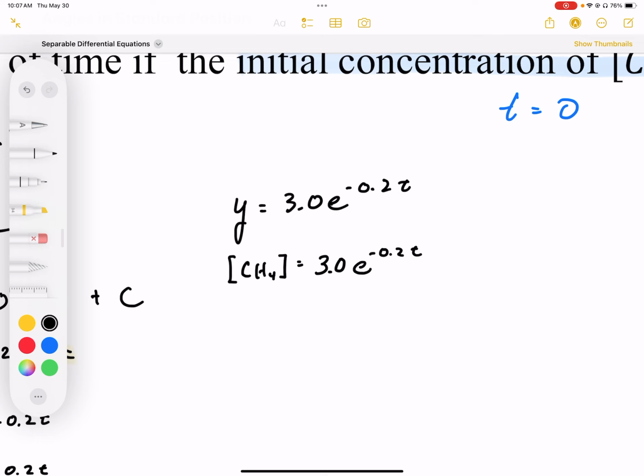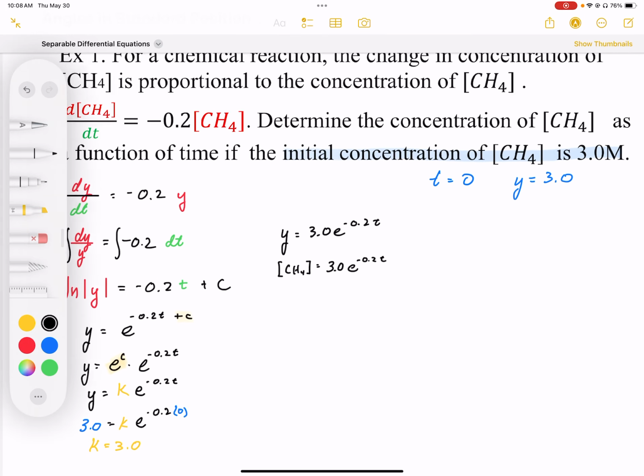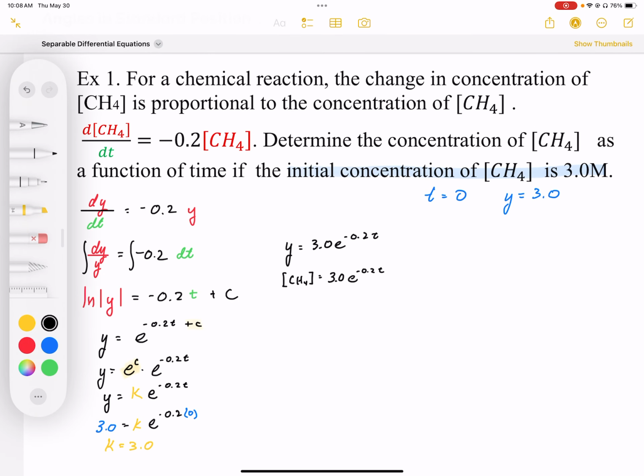And that negative 0.2 actually represents a 20% decay rate. So there's our differential equation. This differential equation happens to be a derivative that is described in terms of itself.